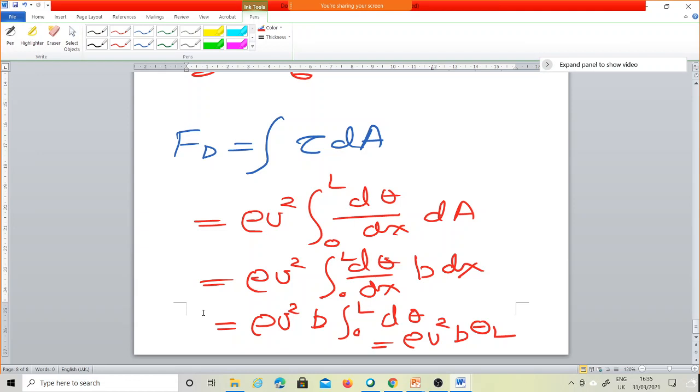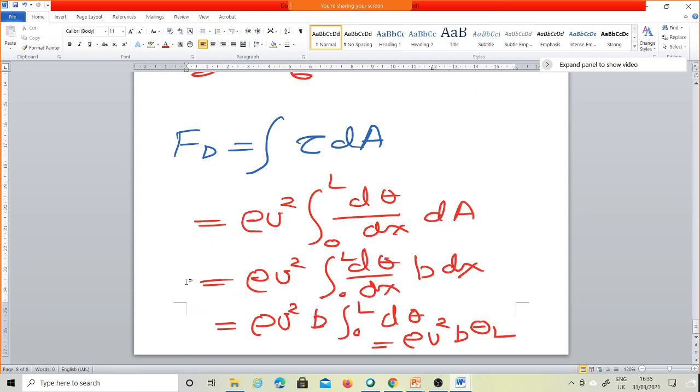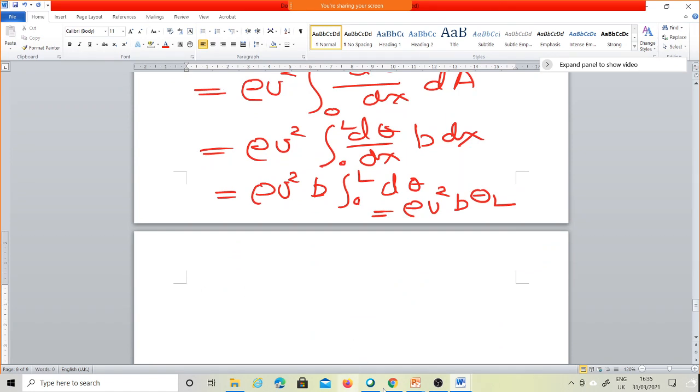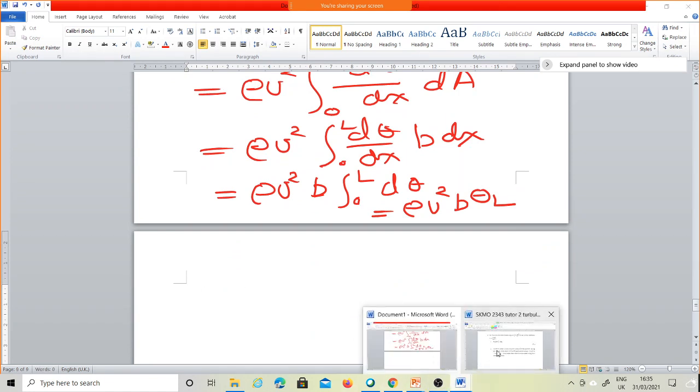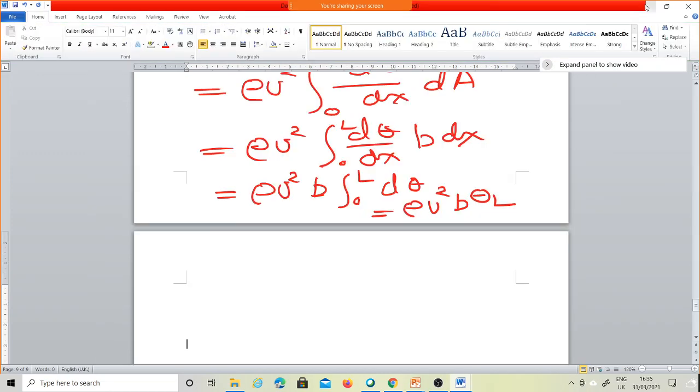You just write down the value of theta, calculate and replace the x with L, as I said before. If you are wondering which theta you should use, the theta is already given in the expression here, in the form of x. So just put the value here, very easy.